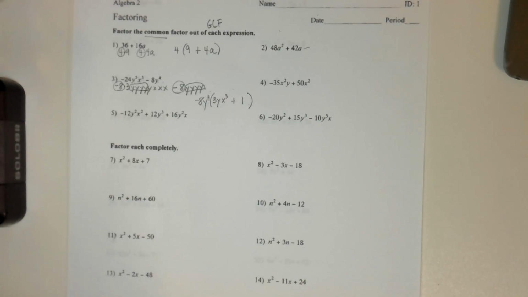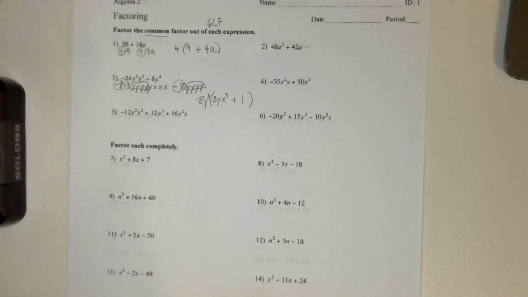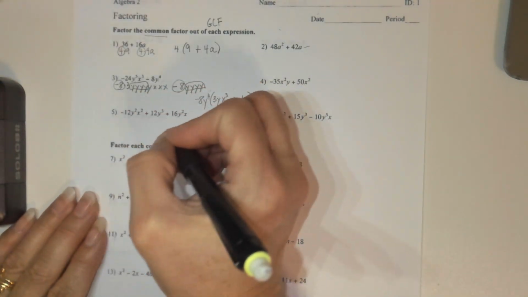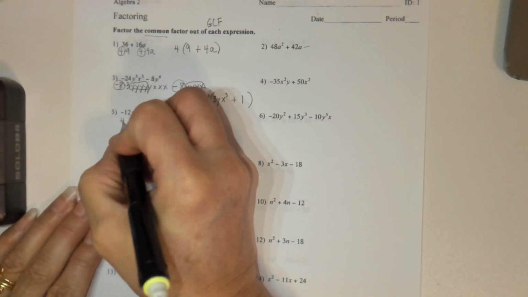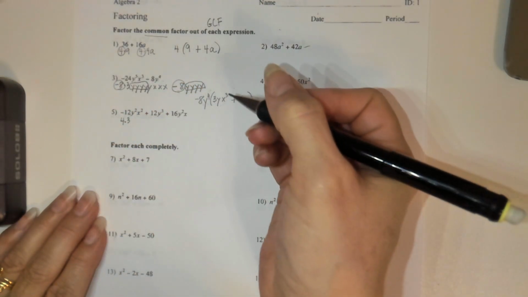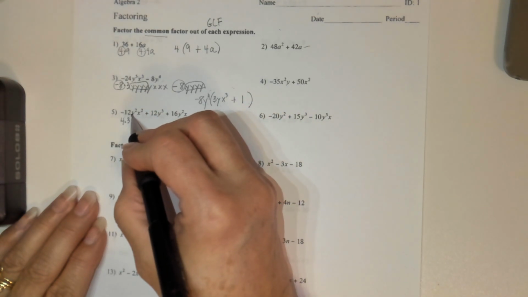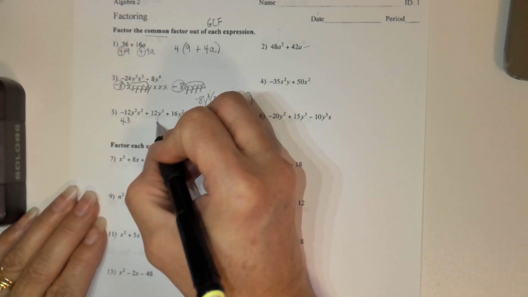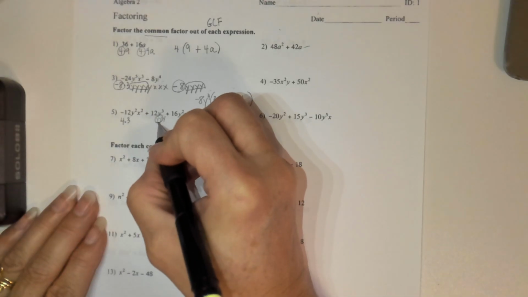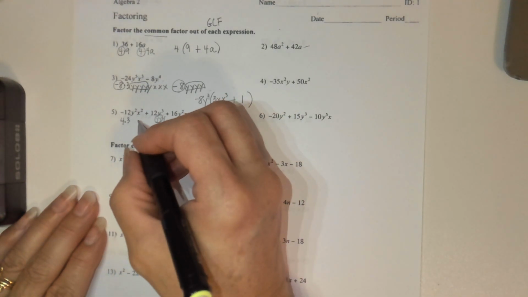Now, if you look at number 5, the largest number that goes into 12 that also goes into 16, I believe, is 4. Because 4 times 3, I see y squared in both. And even though there's y to the 3rd, I know that there's a y squared in that.